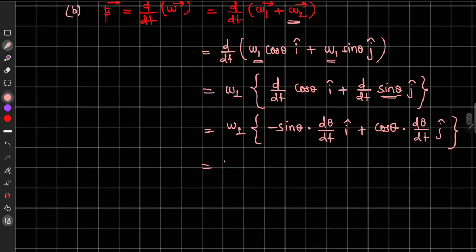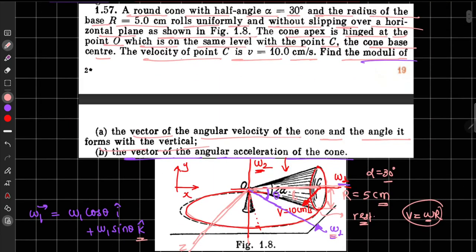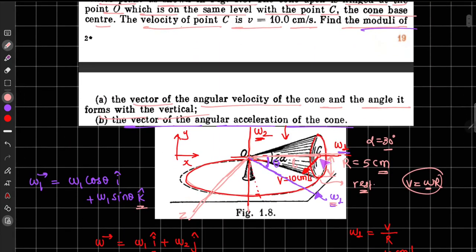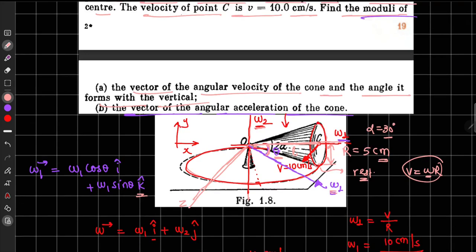Okay, so from here we can write omega 1 into minus sin theta. What is d theta by dt? If we see here, the point C is rotating in this particular circle with the angular velocity of omega 2. So the derivative of theta with respect to time is omega 2.